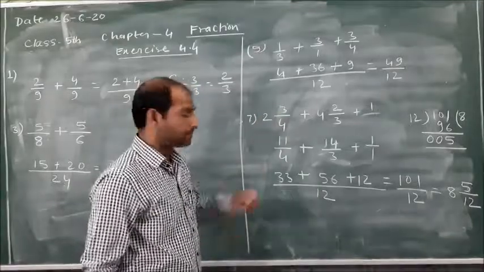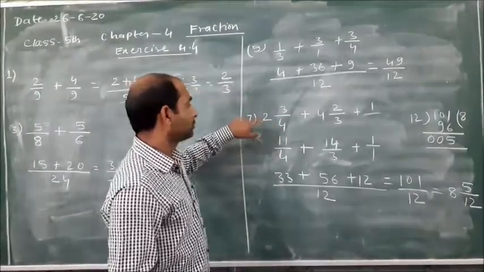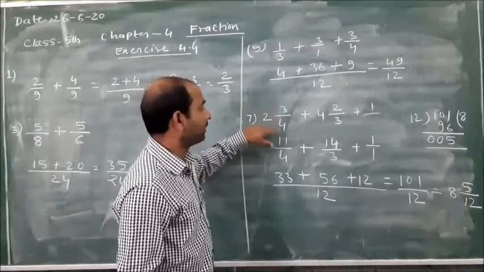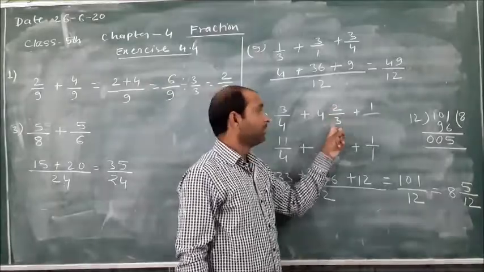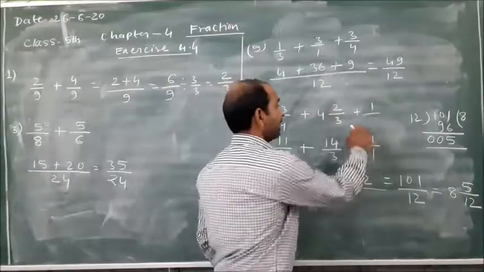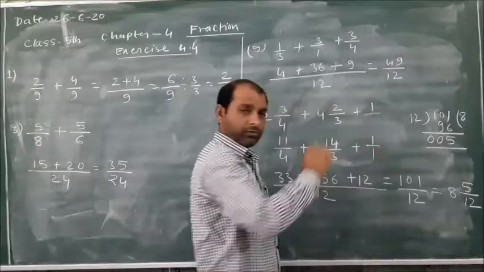You read it two ways, 2 whole 3 by 4 or 2 over 3 upon 4. Here 4 over 2 upon 3. Here only 1, you can write the denominator as 1, 1 upon 1.